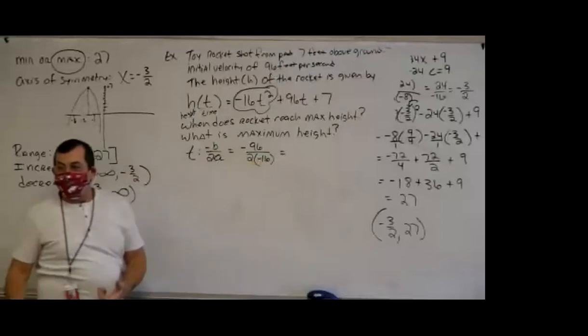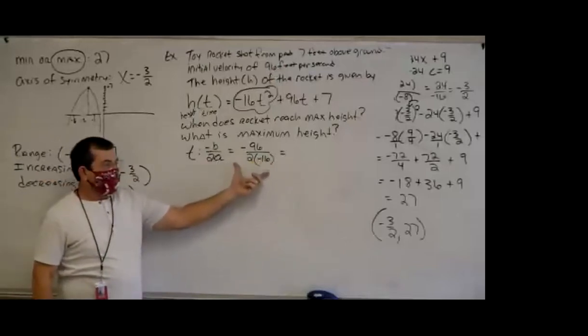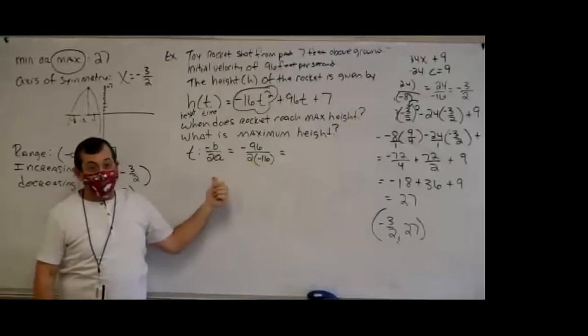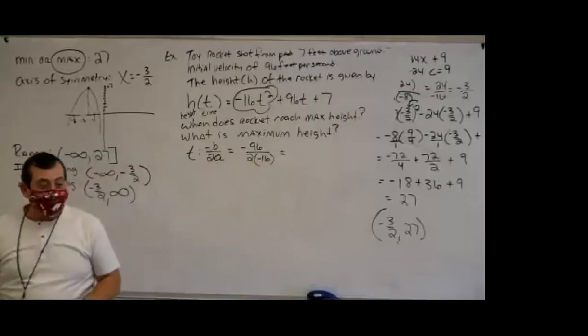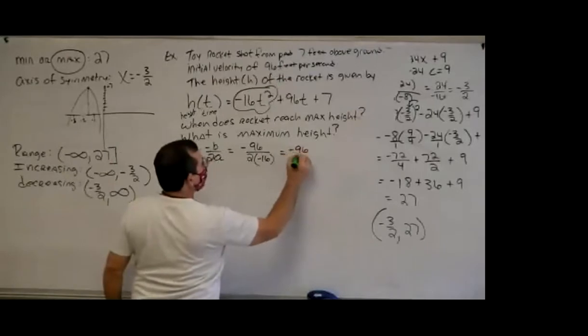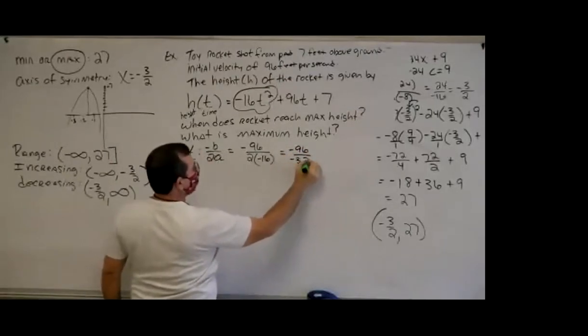Now, y'all remember this. After you work this, that time better be positive. If you end up with a negative time, you did something wrong, okay? All right, so let's see. We got negative 96 divided by, looks like what I got, negative 32.